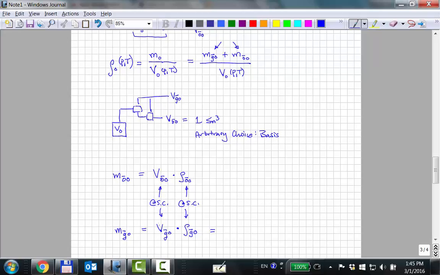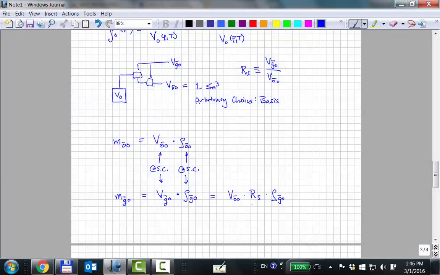So what's the volume of gas for our arbitrary choice? Well, the volume of gas, because RS is defined as that over that. And we know RS. That's one of our tables. So this is equal to the volume of oil from oil times RS times this density. This we know.